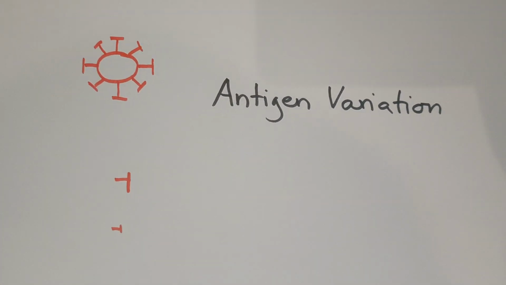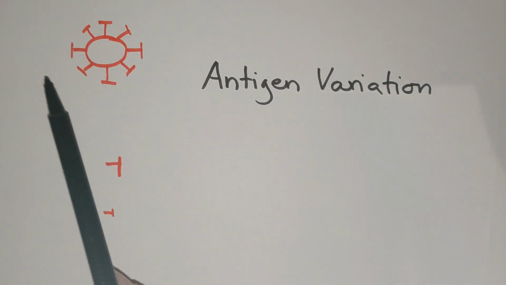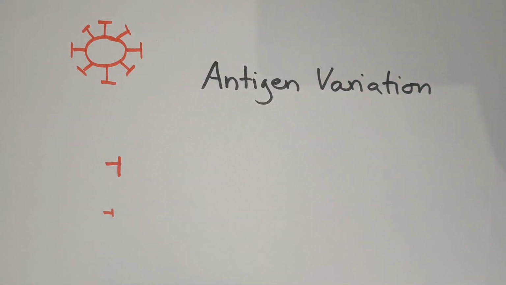All well and good. However, antigen variation is a thing. Diseases can change. Diseases can mutate. If these antigens here stay this shape forever, then the host, then perhaps the entire population, will remain immune to that disease, and that's the basis of herd immunity.